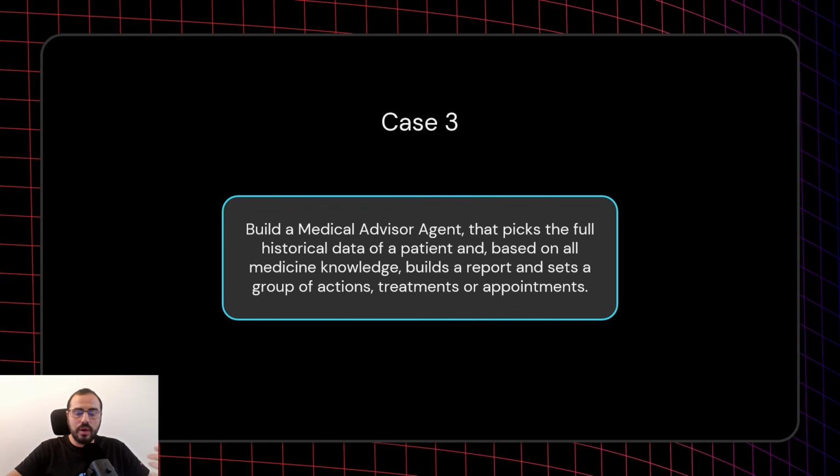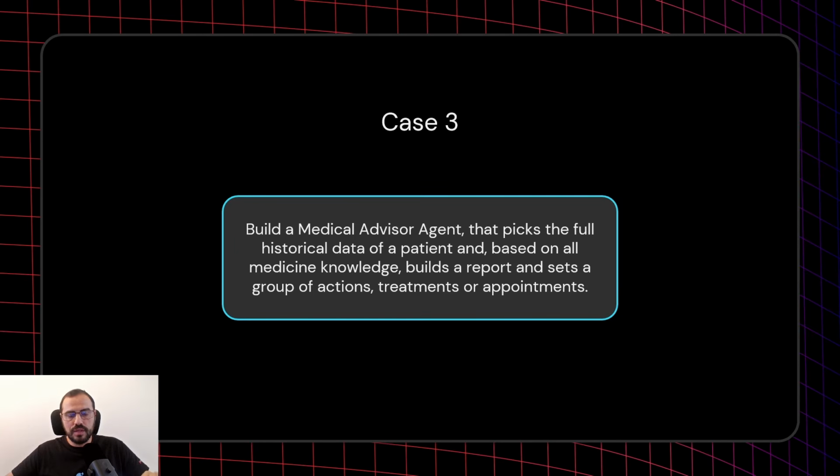So I want to build a medical advisor agent. I want an agent that picks the full historical data of a certain patient, and based on that data and on all medical knowledge, all books, all sources of information that exist, it builds a report and sets a group of actions, treatments, and appointments for that patient.